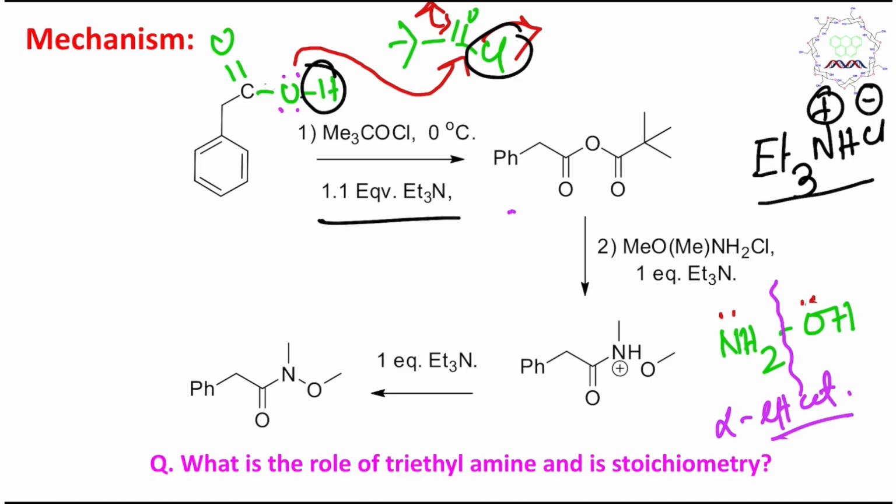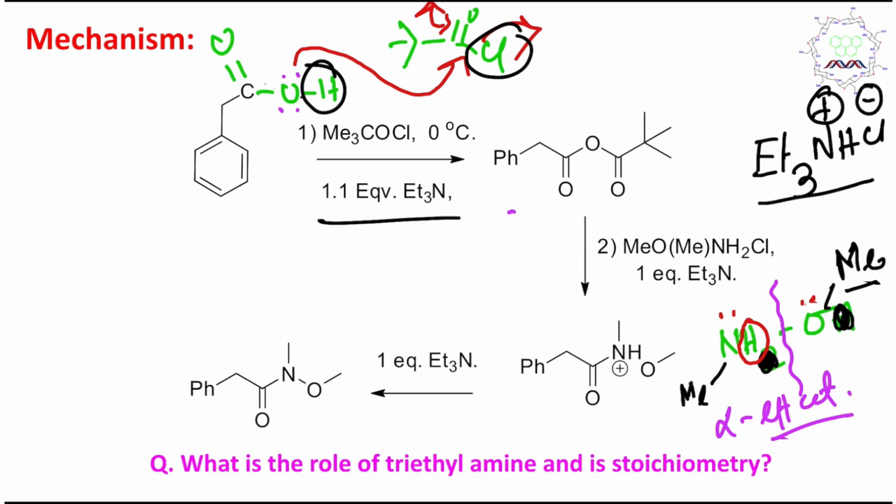If you look at this reagent here, one hydrogen is blocked by methyl, and on the oxygen side one hydrogen is also blocked. So only one hydrogen attached to nitrogen is left. So it can act as a nucleophile here, and this nitrogen will act.